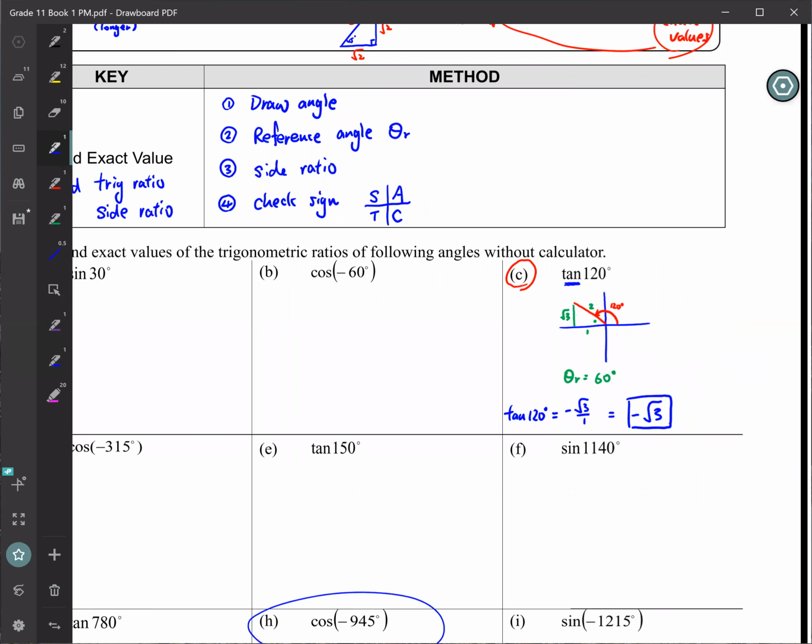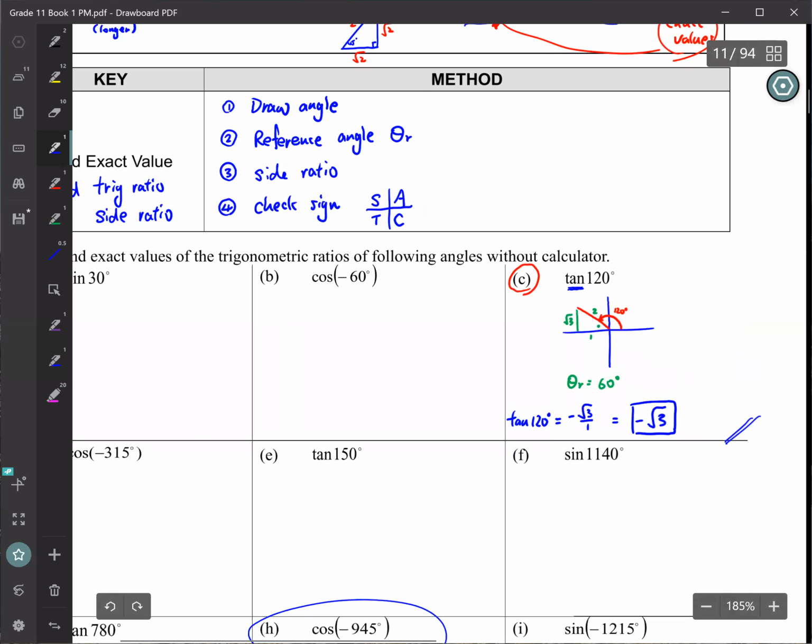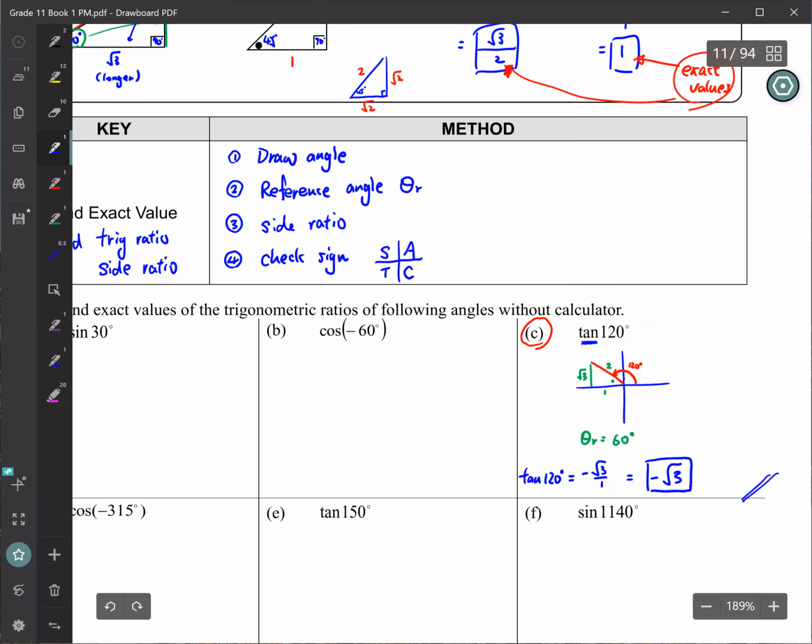Can you raise your hand if you understand everything up to now? How to carry out the 4 steps? Can you keep it there for like 2 seconds? I want to copy everything down. Yeah, of course. Okay, raise your hand if you understand everything so far.